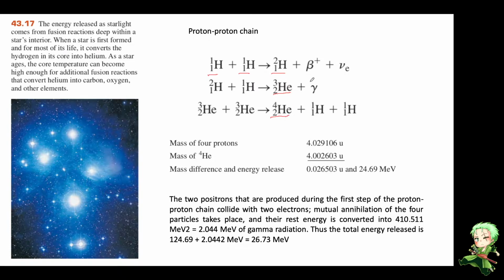As a review, the first fusion of your two protons results in a nuclei of deuterium, which is a heavy isotope of hydrogen, and along with that is the release of a beta decay and an electron neutrino.